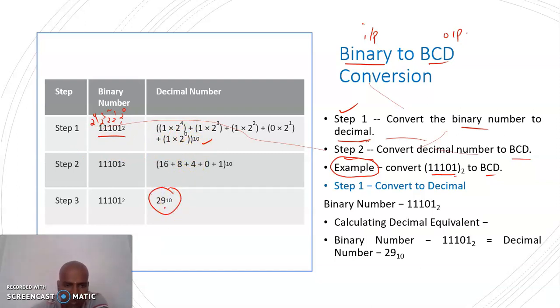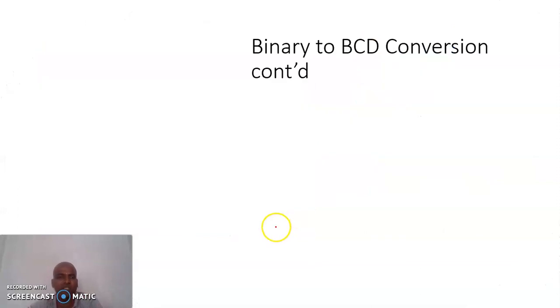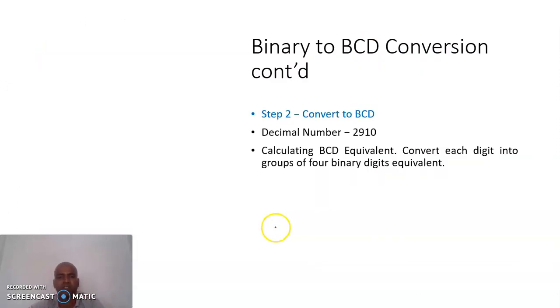So now the first step is over. Then convert this 29 into BCD. We know how to write in BCD format. Once it crosses 0 to 9, we need to write each and every digit in a separate 4 bits. So number 2 is represented as 0010 and the number 9 is 1001 in BCD format. Now we are going to convert this decimal number 29 into its BCD equivalent.